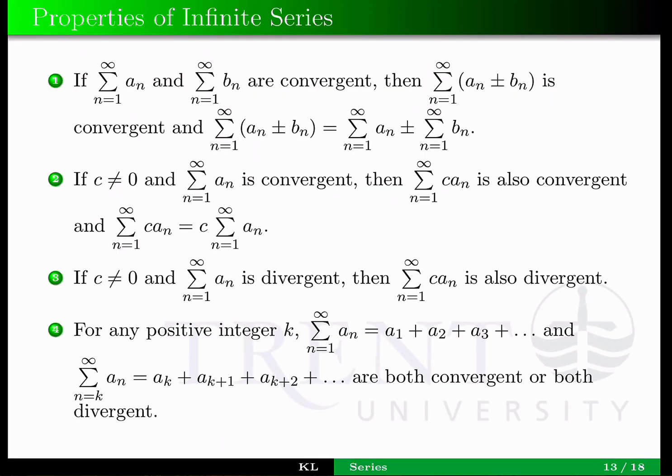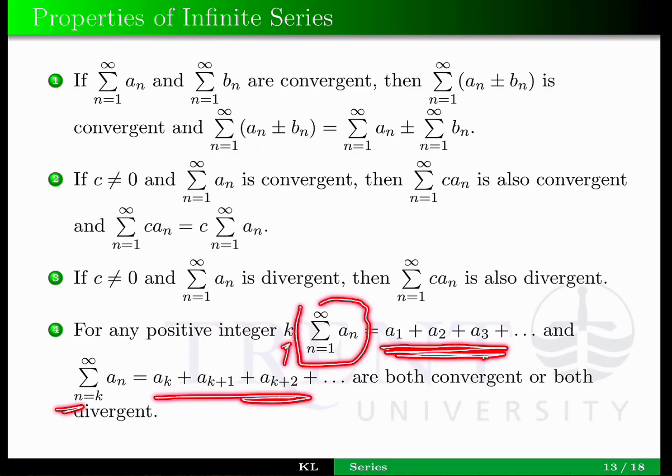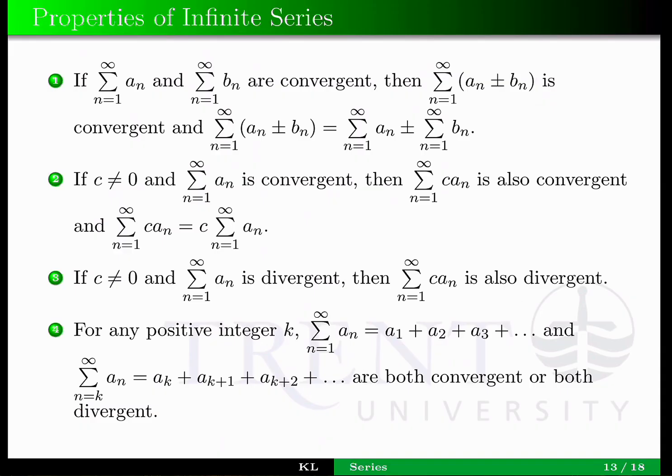Now, for any positive k, if you got a series like this, sum from n equals 1 to plus infinity, and another series that looks like this, where you start from k instead, ak plus ak plus 1 plus ak plus 2, etc., then the two series will have the same convergence type or divergence type. They are both convergent or they are both divergent.